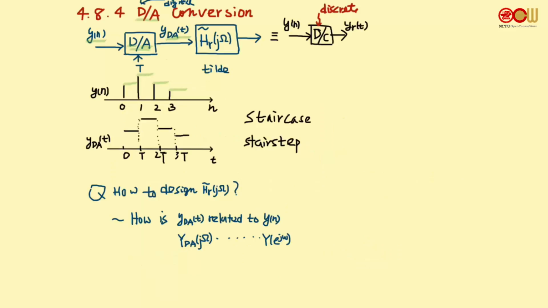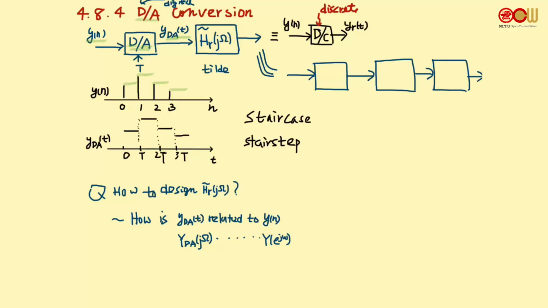So the cascade of the D2A and HR tilde can be viewed like this, because D2A now has two parts.